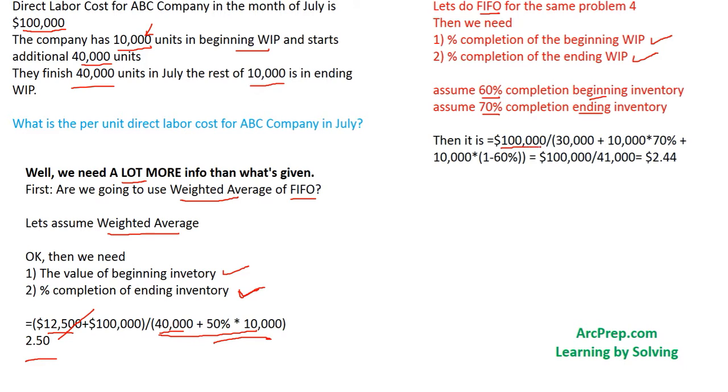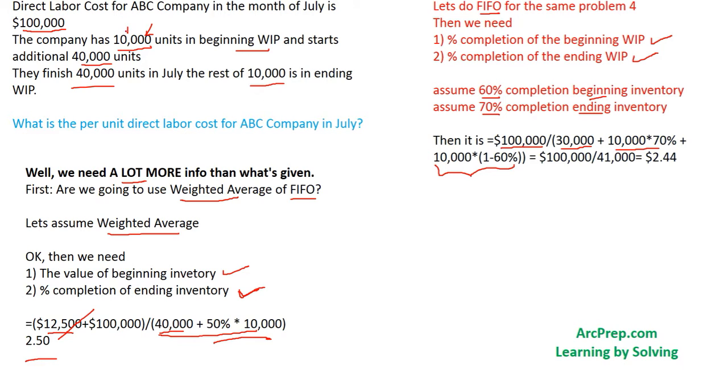this $100,000 under FIFO on 30,000 units that we start and finish from 0 to 100%, plus 7,000 units 100% complete, or 10,000 units from 0 to 70%. And then I also need to finish this 60% complete job of 10,000 units.